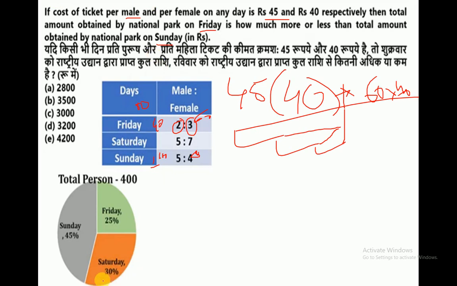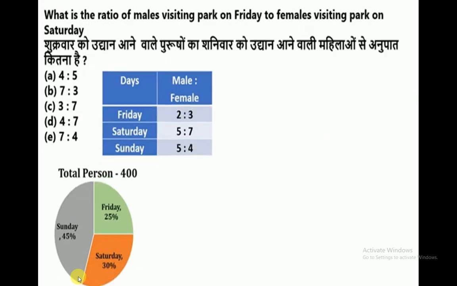So this is the last question. Okay, what is the ratio of males visiting park on Friday to females visiting park on Saturday? So males on Friday to females on Saturday. Males on Friday is what? We know that it's 40, right?